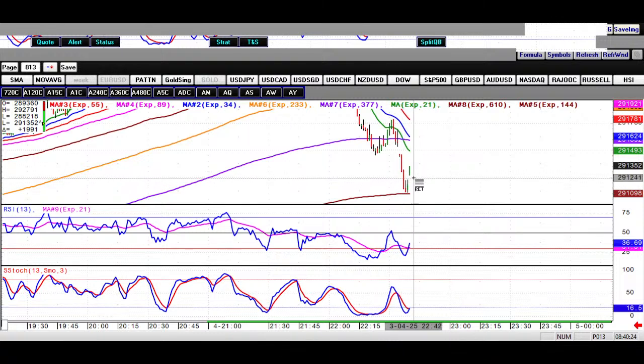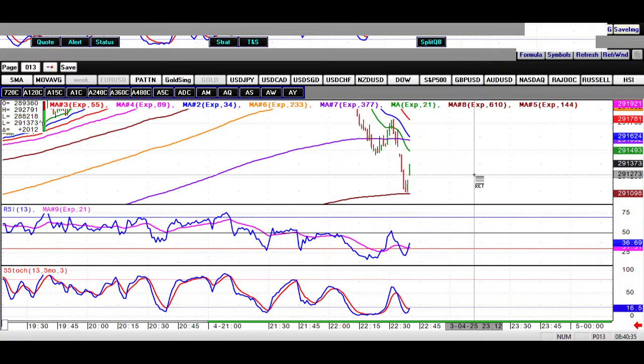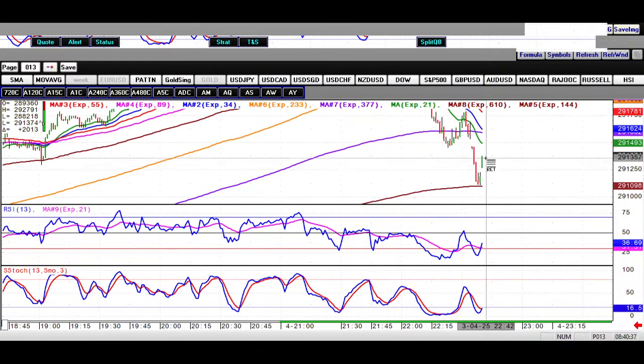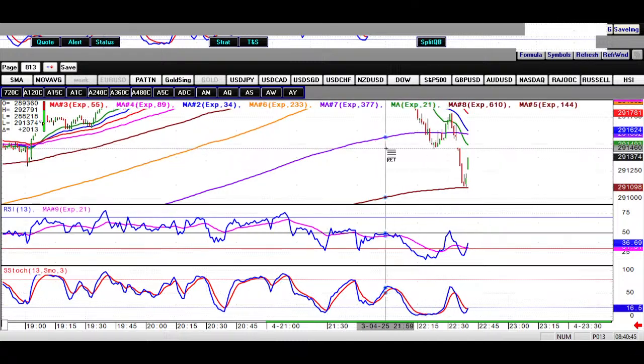But now we are seeing a green. This is not a good sign to continue our hold. So the next check is to see whether this level is breached. That would be the next clue.